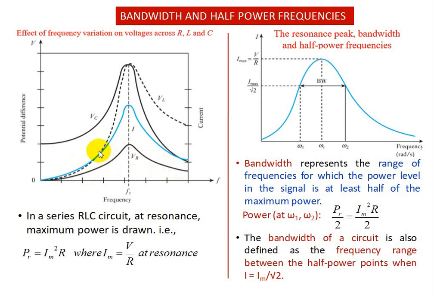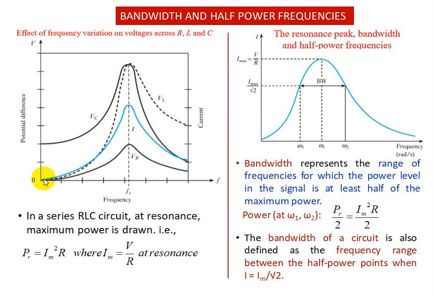So coming to the capacitance, I told you that initially the reactance will be high, so there will be some voltage at low frequencies. Further, the voltage increases and reaches maximum value, and if frequency increases further beyond F4, again it decreases.